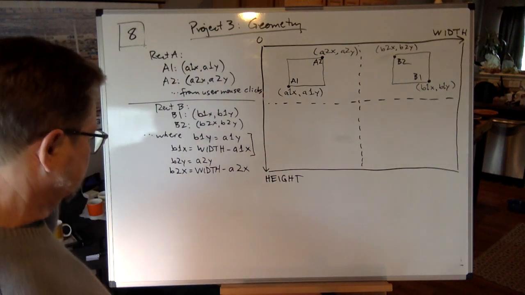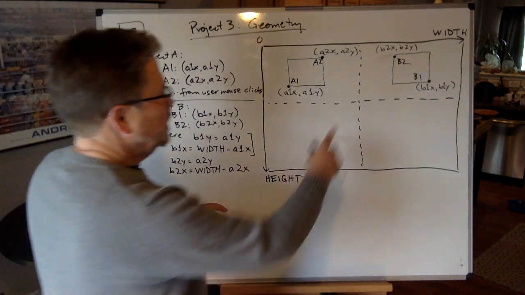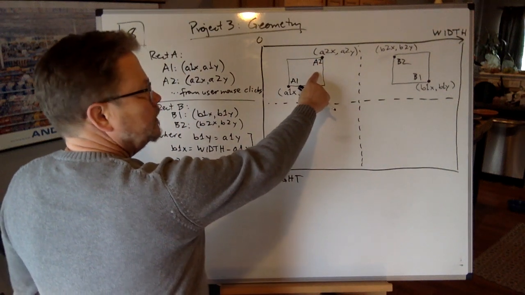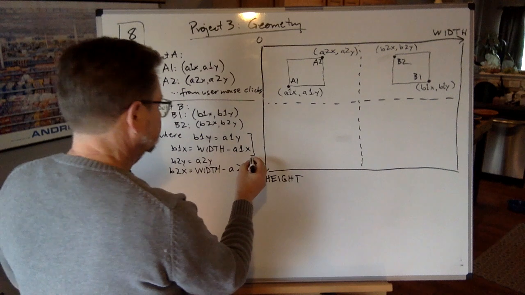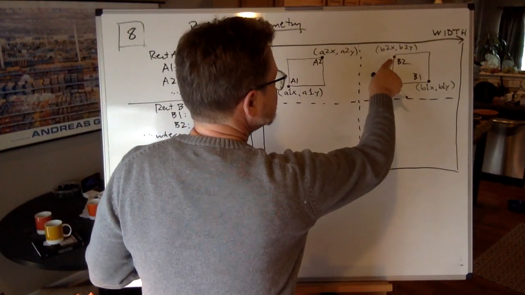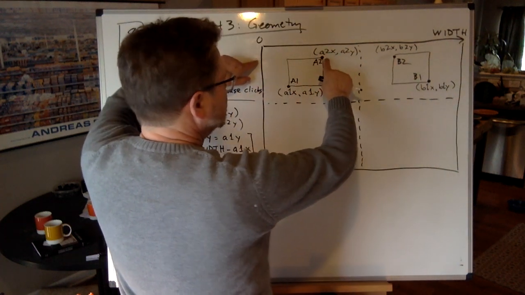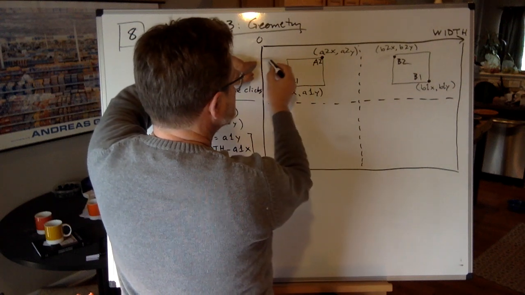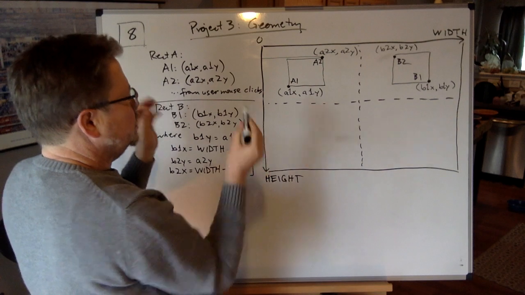Now I'm getting nervous. I don't trust myself. Let me see. B2y equals A2y. B2y is how far B2 is from the top, and it's got to be the same distance from the top as A is, which is A2y. So check. Check, please. What about B2x? B2x needs to be the same distance from that wall as A2 was from this wall. So I go all the way over. Let's just pretend that that's 100.